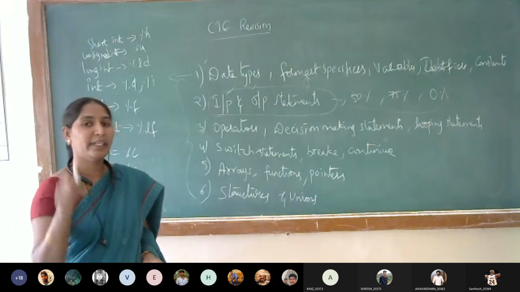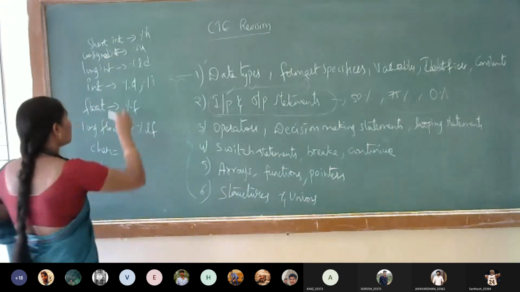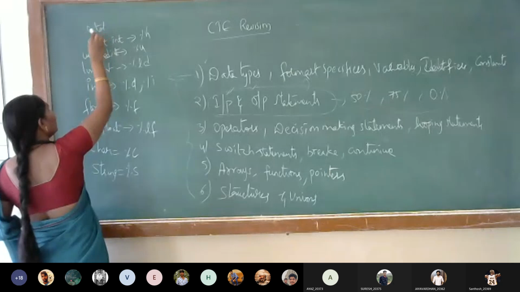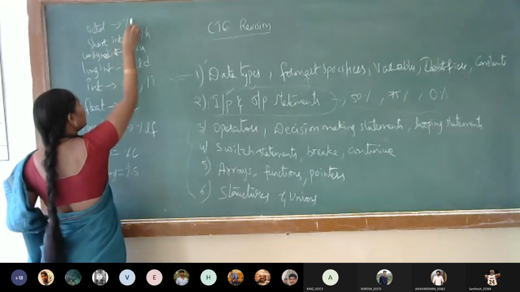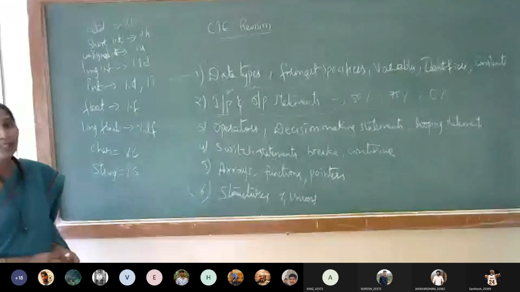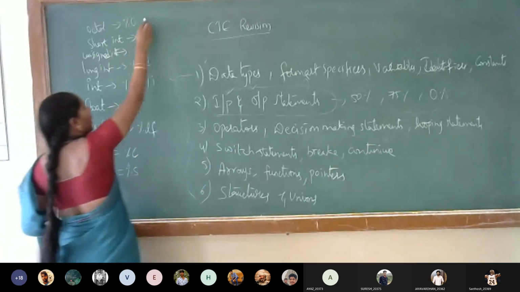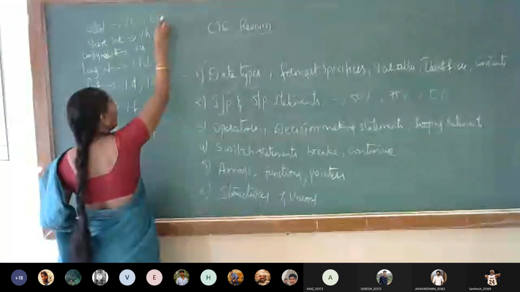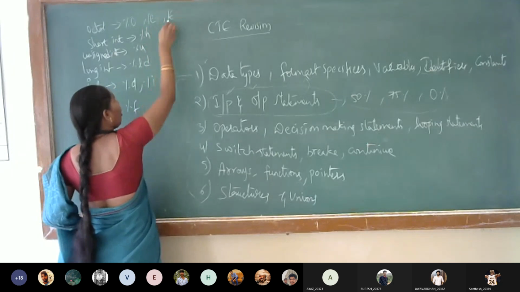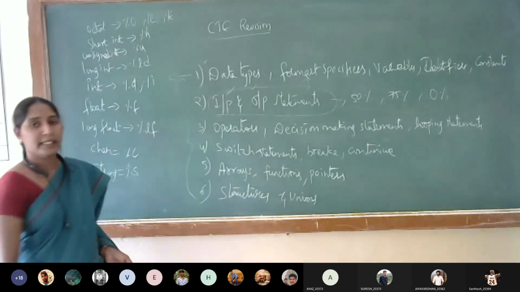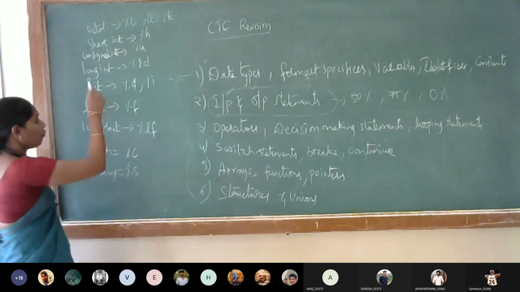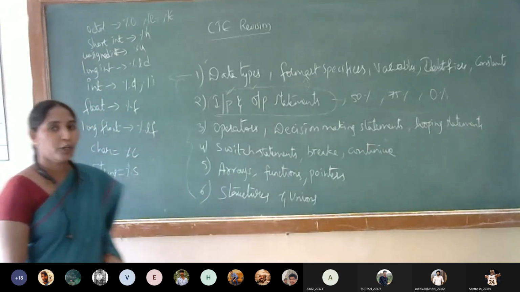For octal numbers we will use the %o format specifier. For hexadecimal numbers, I have to use either small x or capital X. So these are the different format specifiers that you are going to use.